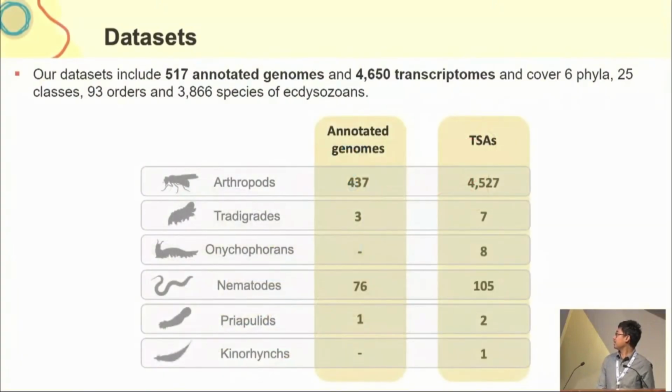So first we start by gathering available transcriptomes and annotated genomes from 3,800 species of ecdysozoans, and this includes about 3,700 species of pan-arthropods. We think this number should be reasonable enough to answer our question.